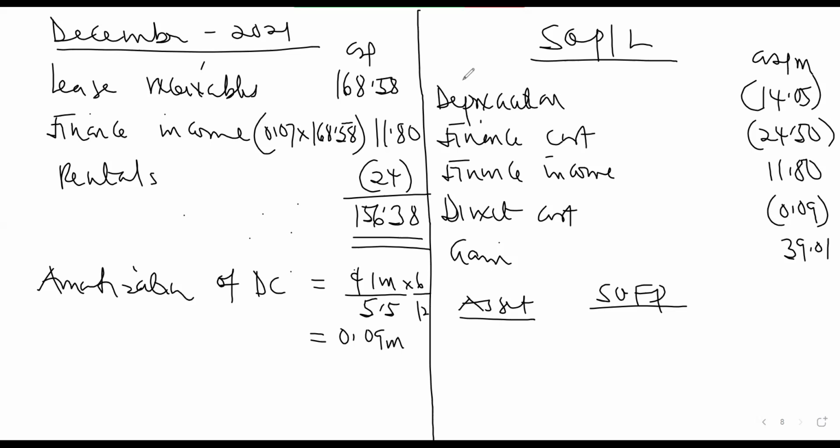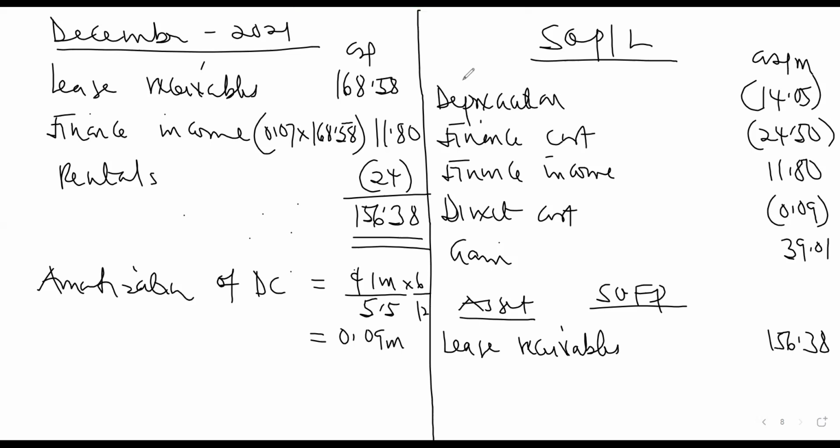Rent receivable will now be lease receivables, and that will now be 156, because we are not using the asset again. We have replaced the asset with lease receivables.